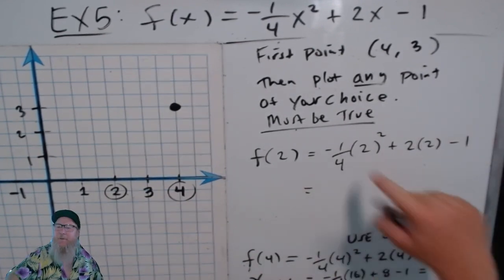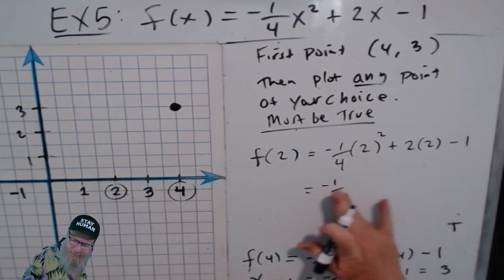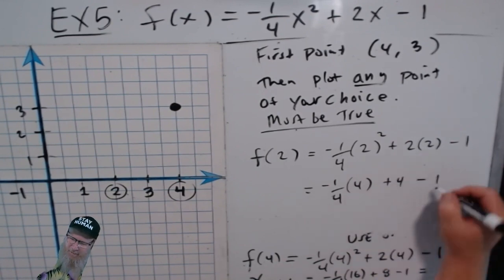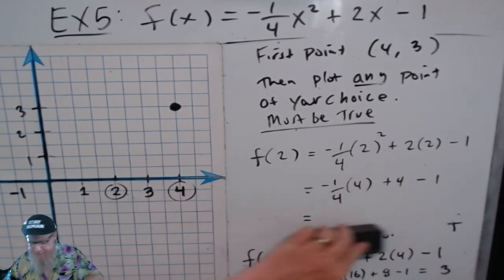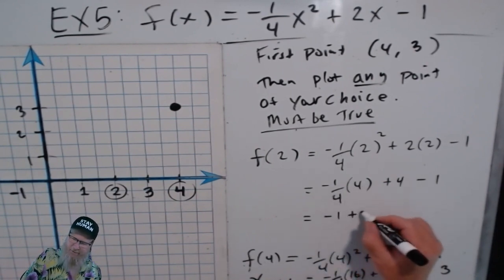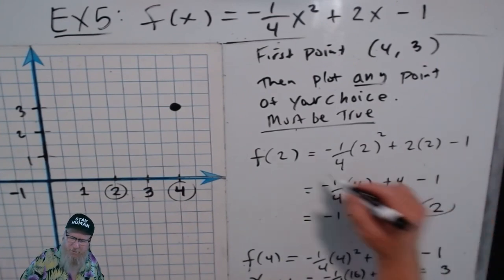So I'm choosing something that's going to hopefully prevent a fraction. So negative 1/4 times 4 is negative 1, plus 4 minus 1 is 2. Oh, that's neat. 2, 2.